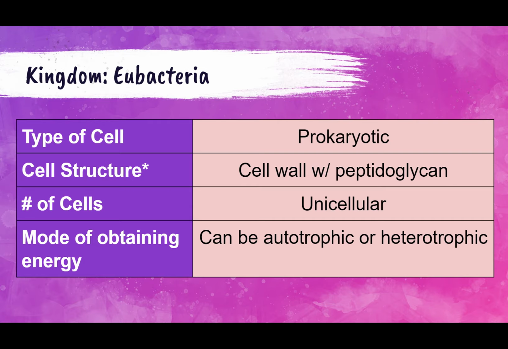Important cell structure: it has a cell wall and it uses a special protein called peptidoglycan to build that cell wall. Cell wall composition is actually helpful for classifying organisms. Peptidoglycan is a carbohydrate. You do not need to memorize the structure of it. You just need to know that it is a carbohydrate found specifically in the cell walls of eubacteria. Eubacteria are always unicellular, but they can be autotrophic or heterotrophic.